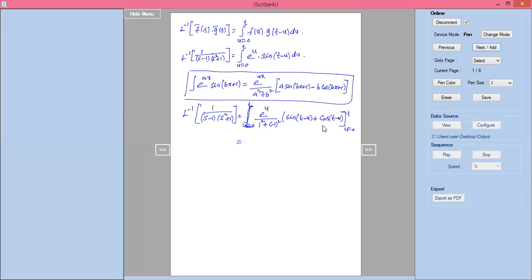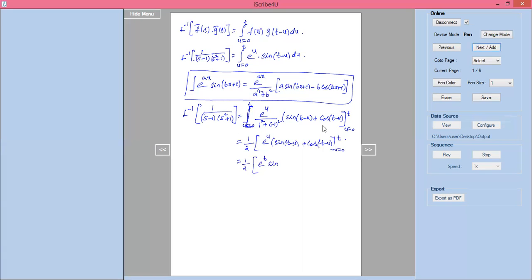Now I will write e power u, and take 1 by 2 outside: e power u into sine of t minus u plus cos of t minus u, with limits u equal to 0 to t. Now I will write 1 by 2 into e power t, the upper limit applied, into sine of t minus u.